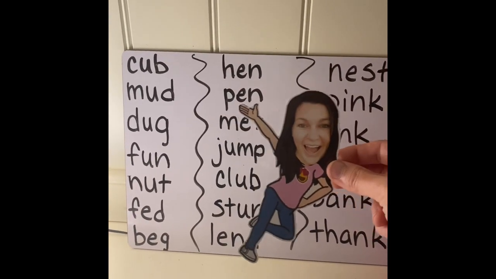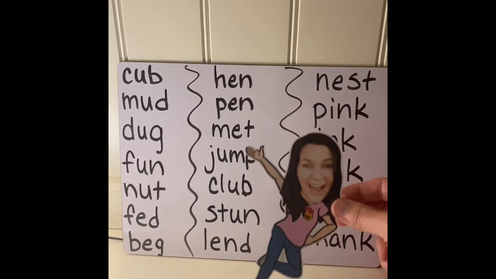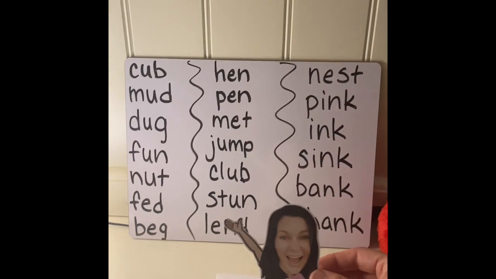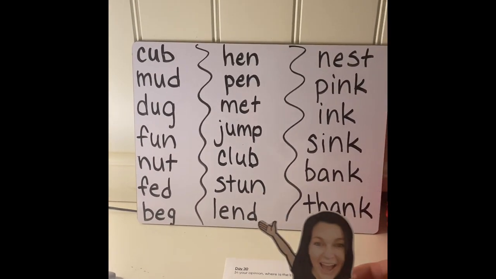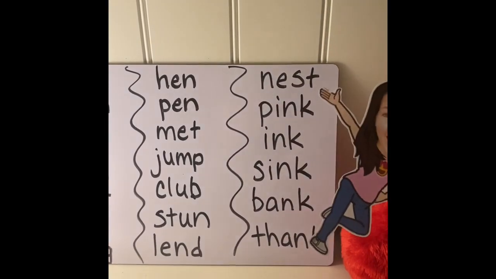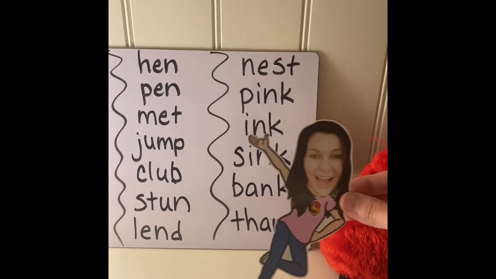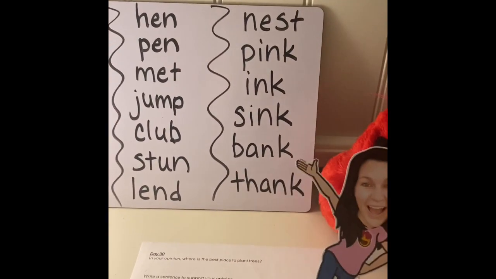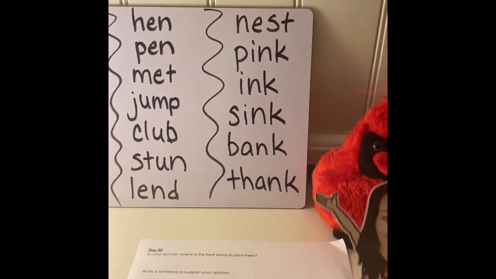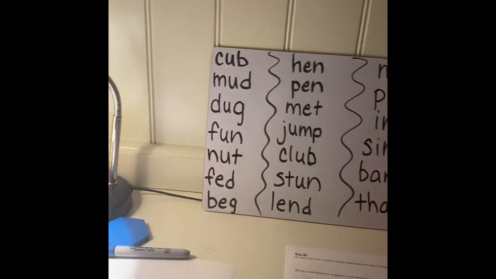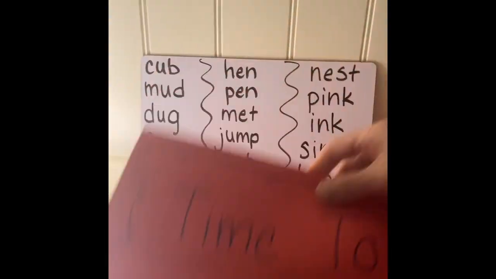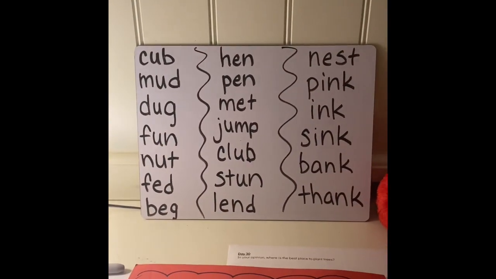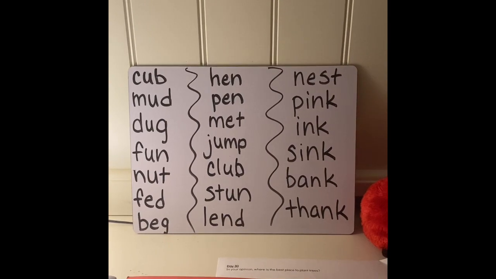Hen, pen, met, jump, club, stun, lend, nest, pink, ink, sink, bank, thank. All right, guys, what you can do now is go ahead and pause the video and make your word cards. I would pause the video on this list if you're going to be writing these words. So go ahead and make your word cards, and then I'll show you what you can do with them.